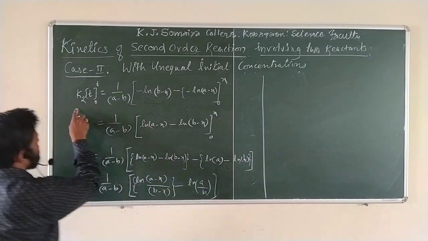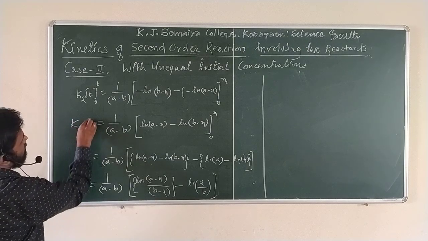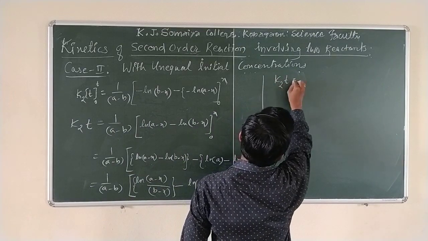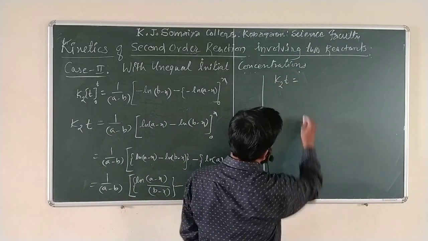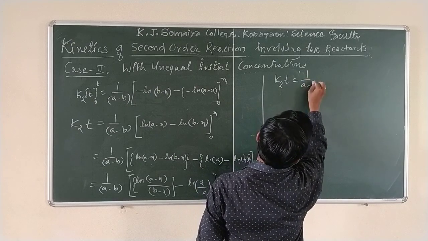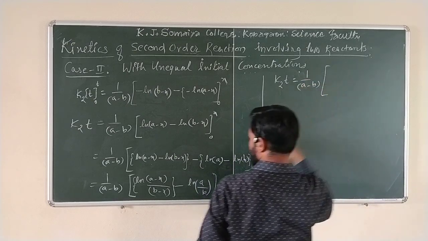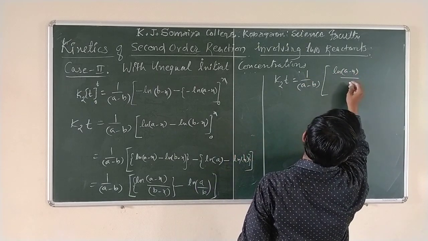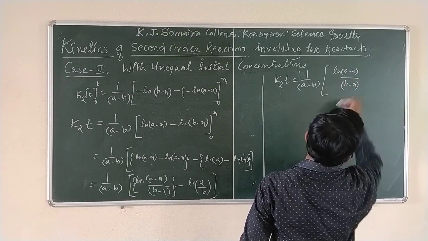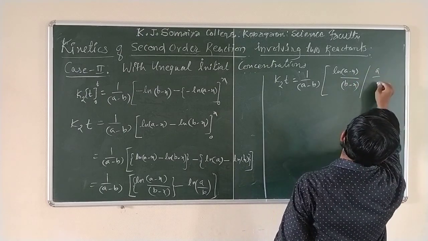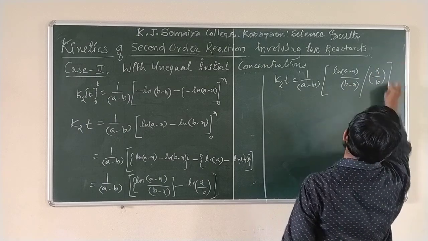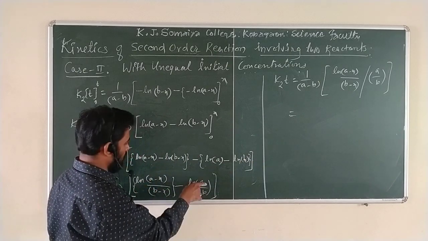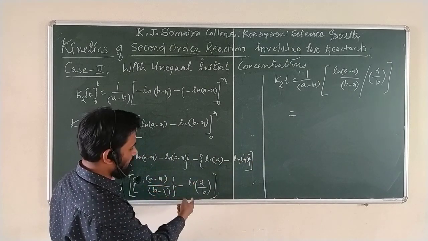as it is. This becomes k2. Here it will become k2 t. So k2 t equals ln of (a - x) upon (b - x) upon (a - b). Okay, again the same value. The same ln, one part, ln one part, divided to this one.